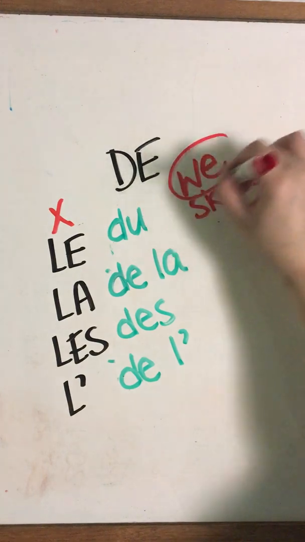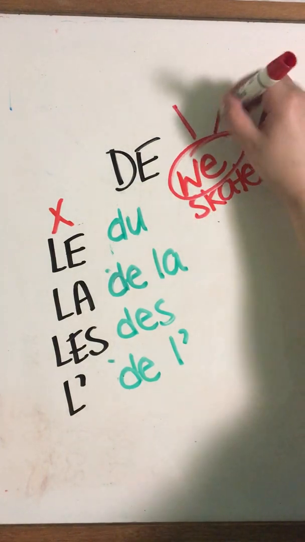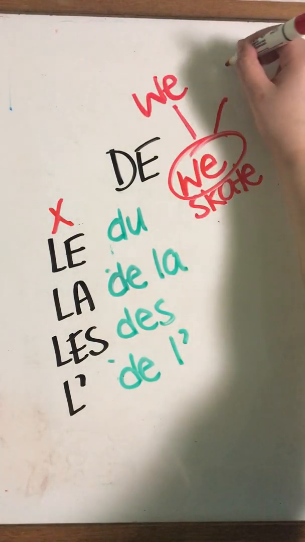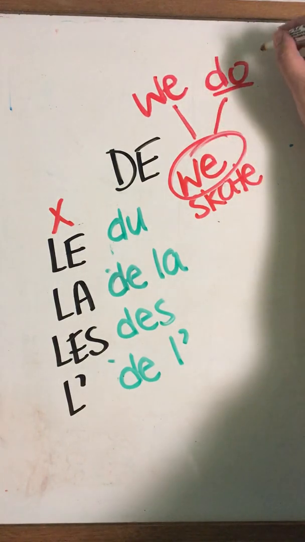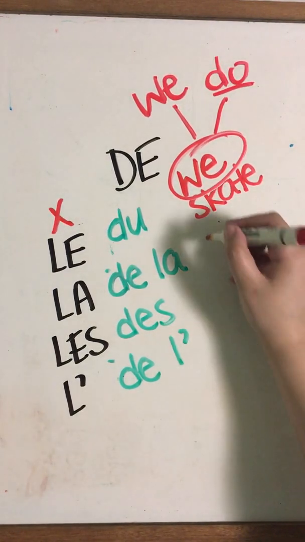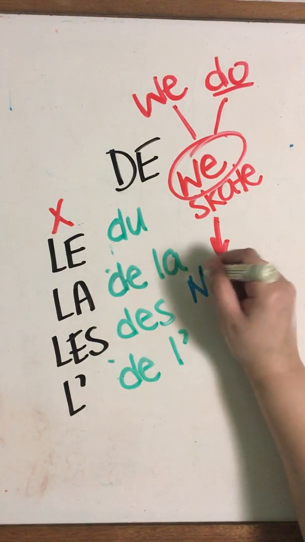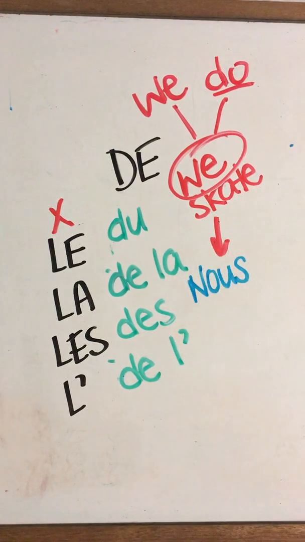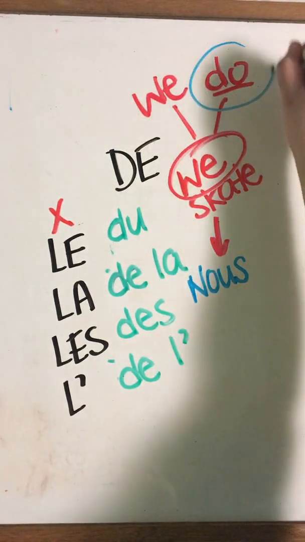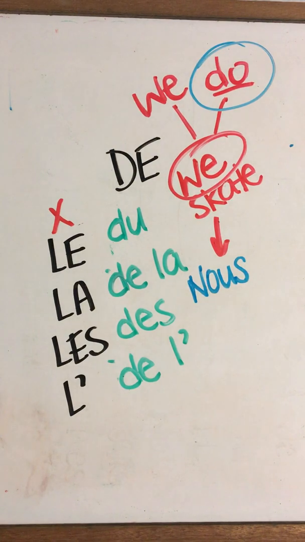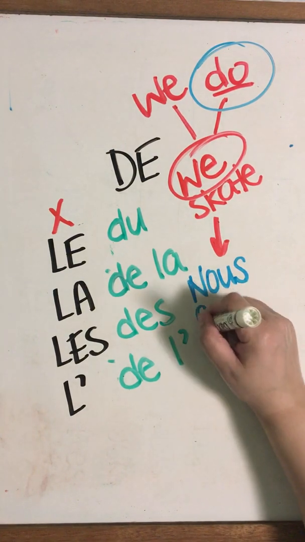So this we, it is understood that there are two parts, the we and the do part, okay? So if we bring it down here, nous, I need to find the French form of doing with nous, which is faisons.